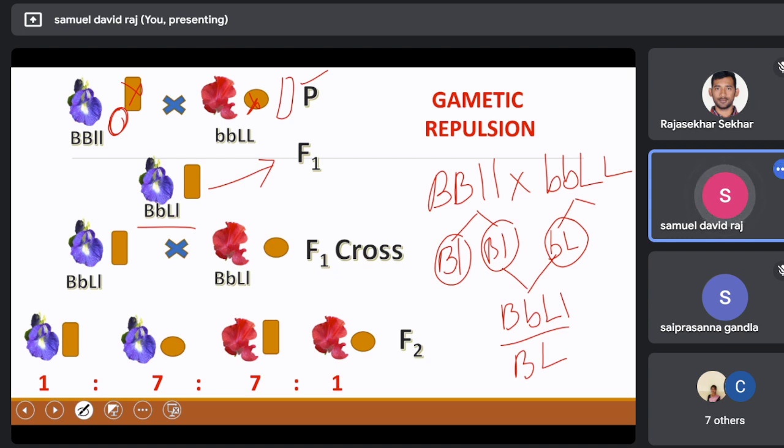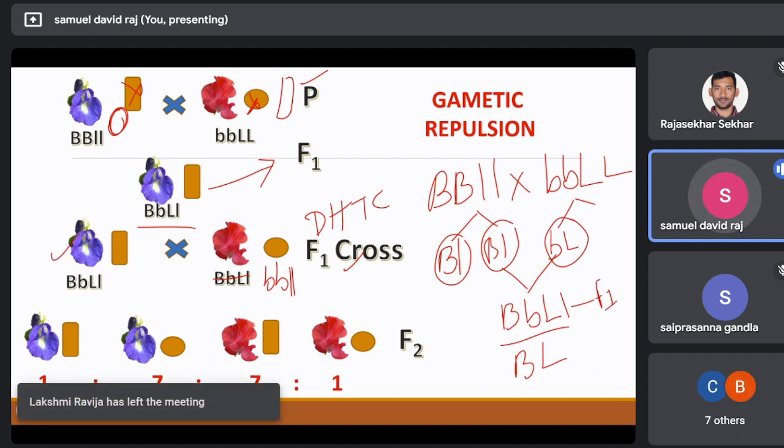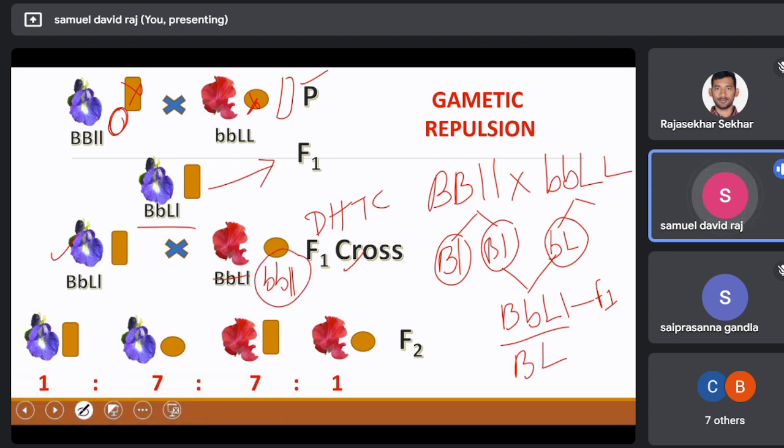Then they again did an F1 cross, which is again a dihybrid test cross. They crossed the blue long one of the F1 generation with a double recessive parental genotype, the red round one.